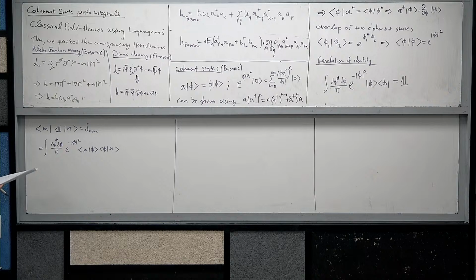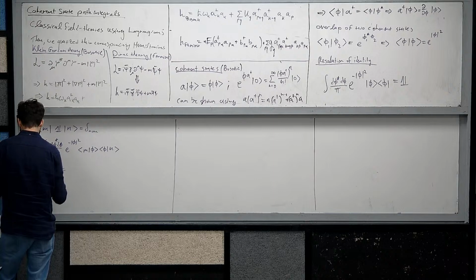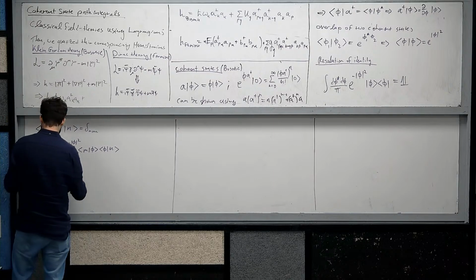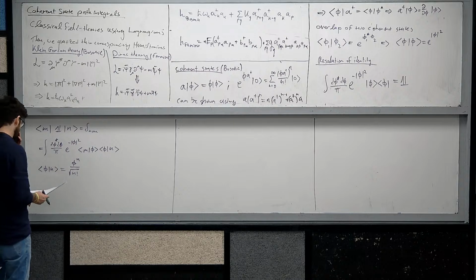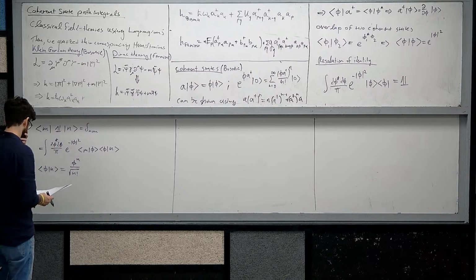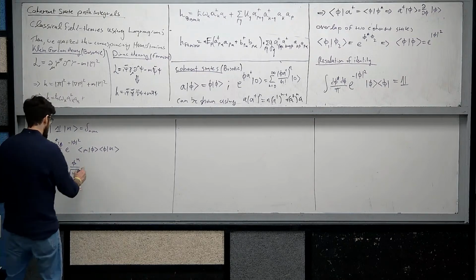Then we have two things we need to explain. The first one is that this overlap, phi n, is phi to the n divided by square root of n factorial. Okay? And then that's one thing we need.